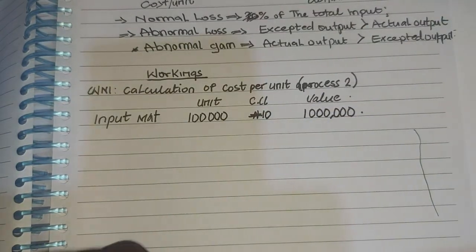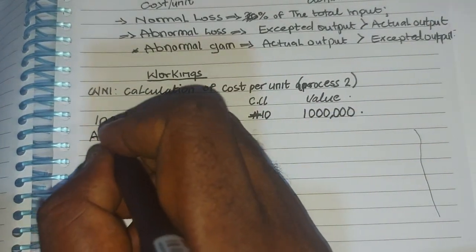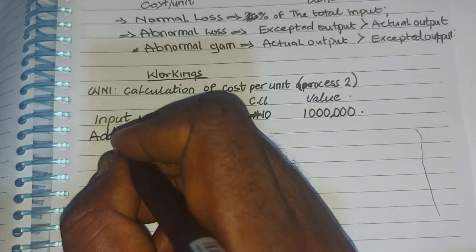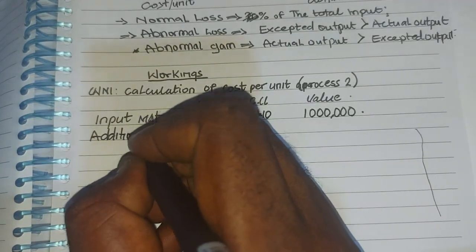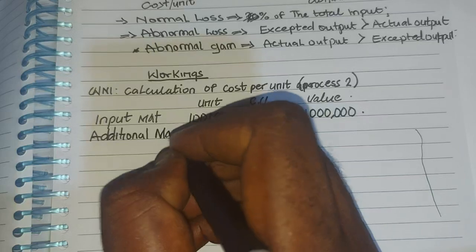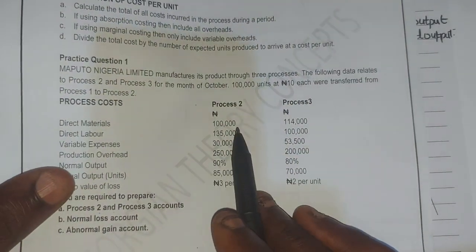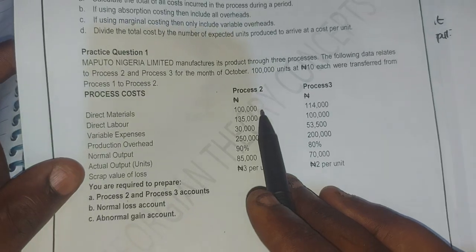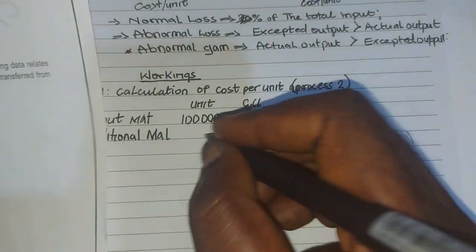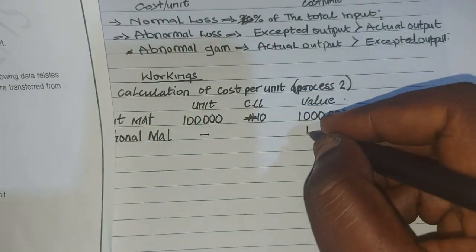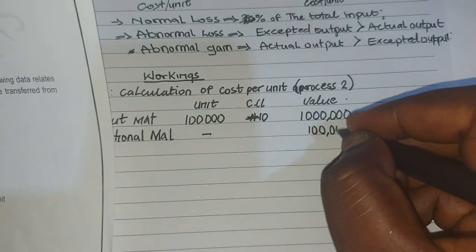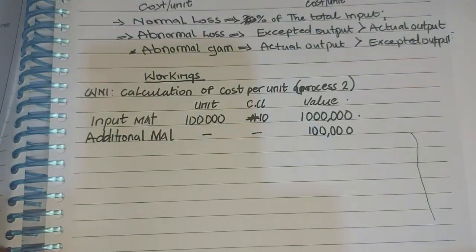Okay, then we have additional material. The additional material is 100,000 naira for process 2. All right, so put a dash here, 100,000 naira.